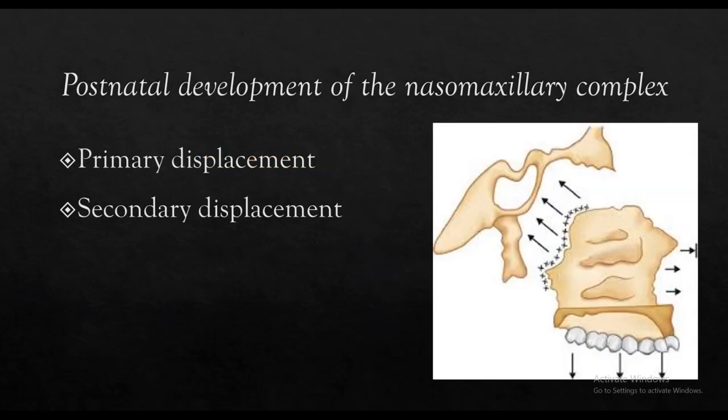The primary displacement is the displacement of the bone by its own growth. The secondary displacement of the nasomaxillary complex occurs in a downward and forward direction as a result of the cranial base growth.